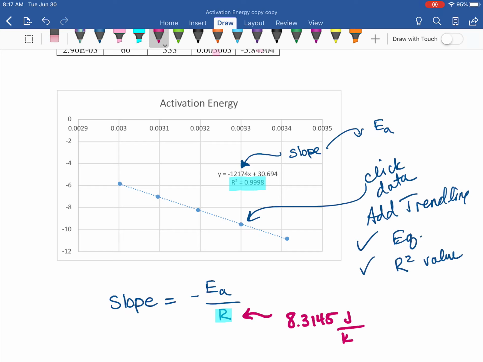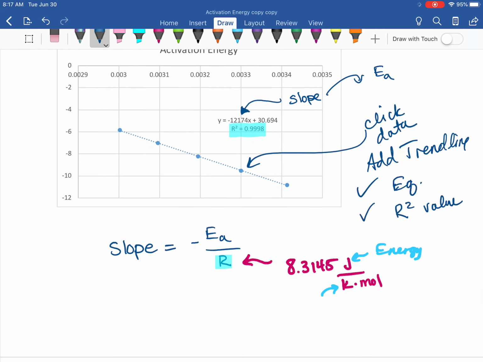Notice my units, they're going to be in joules per Kelvin mole. And we need this one because don't we want energy? We're calculating an energy and our temperature is in Kelvin. So we're going to take that slope and we're going to rearrange.